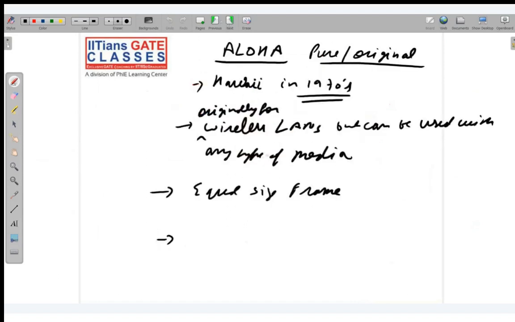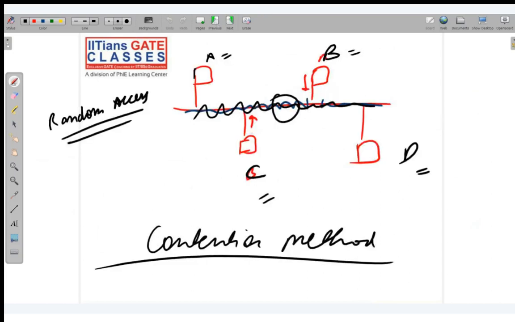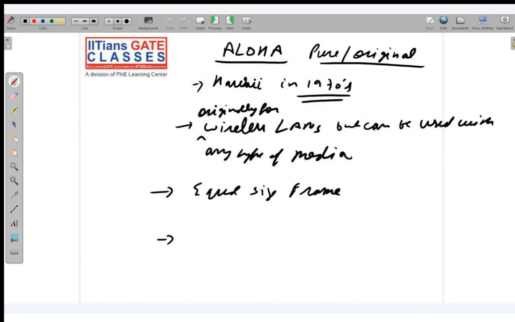Pure Aloha says exactly the same thing: whenever a station wants to send data, it can send it onto the channel. There is no such condition, so obviously collision chances are very high.